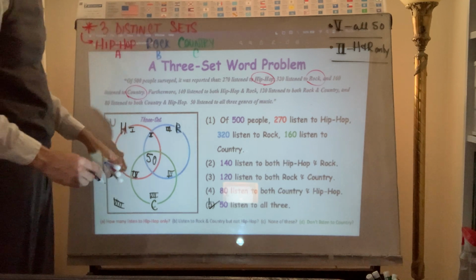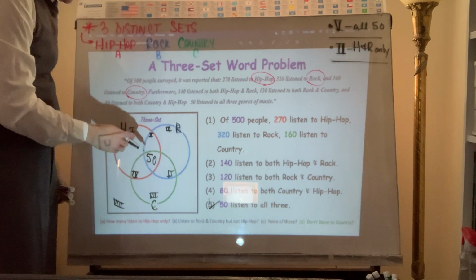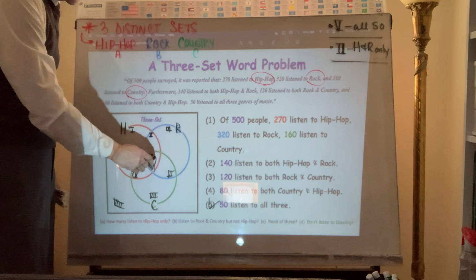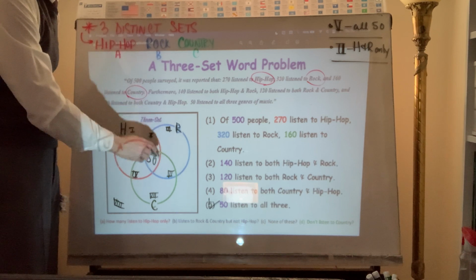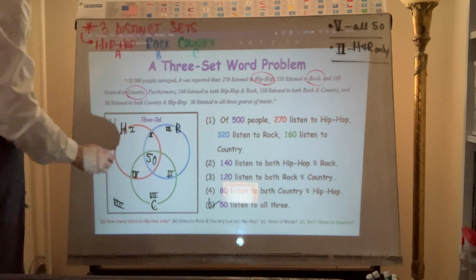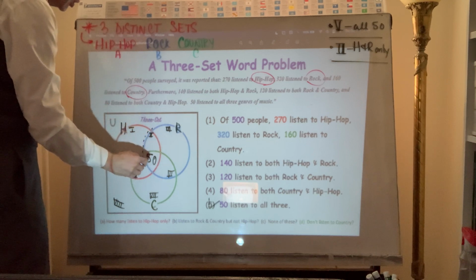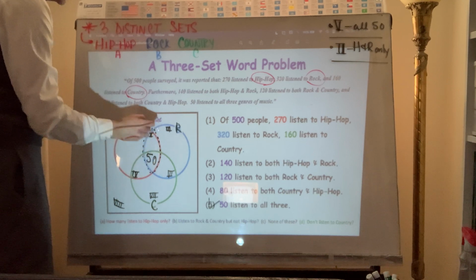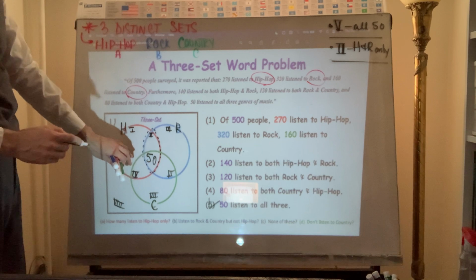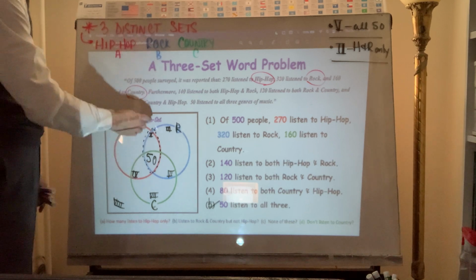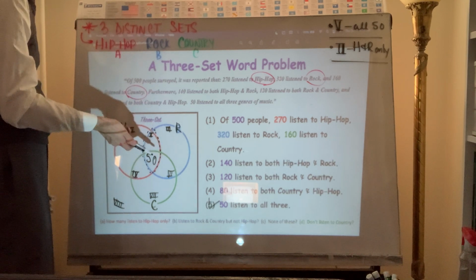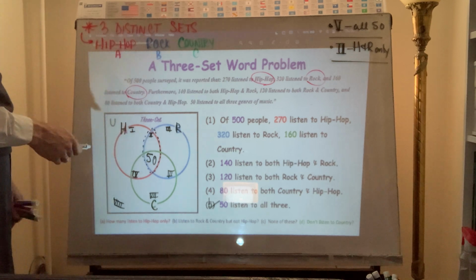Well, 140 would be the total here. That would be the whole sort of Jesus fish here. Would be 140. All right, but without mentioning country per se.